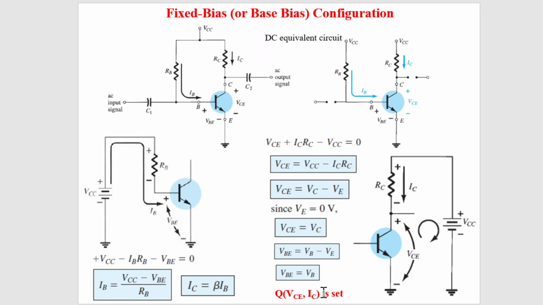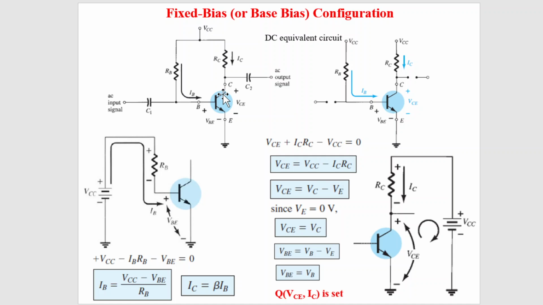IC depends on IB or beta, and this base current depends on RB. That means there are three variables in your transistor. Another Q point coordinate is VCE. If you keep VCC constant, then RC is another parameter. So there are three variables in this circuit: one is RB, another is RC, another is VCC.